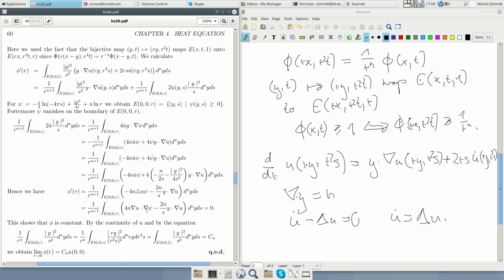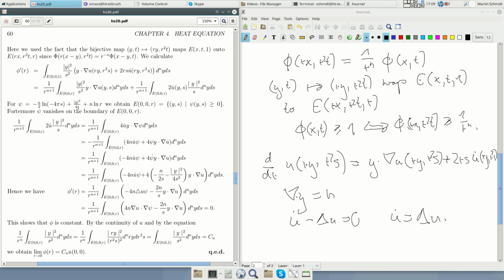Now here we insert the gradient of psi, which we already did once. This is y times 2s, because the factor 2 cancels with the 4, so we have y times y divided by 2s.